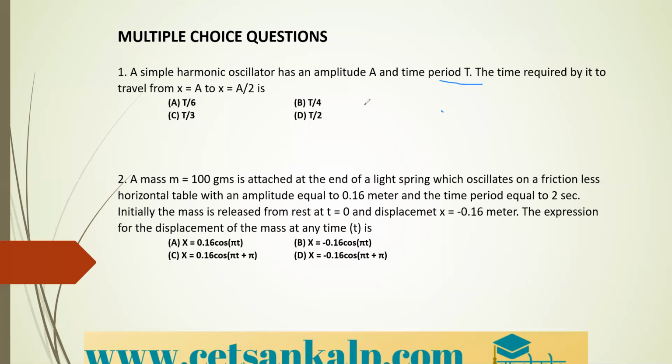Here, how we can solve this numerical is, we know that a simple harmonic motion is represented by the equation y is equal to A sin omega t, or if you take y, then you can take it as A cos omega t.